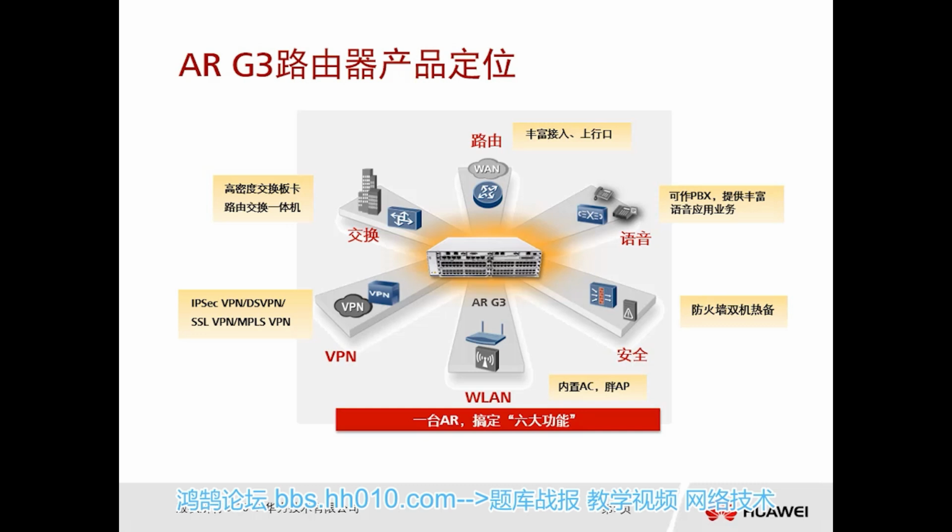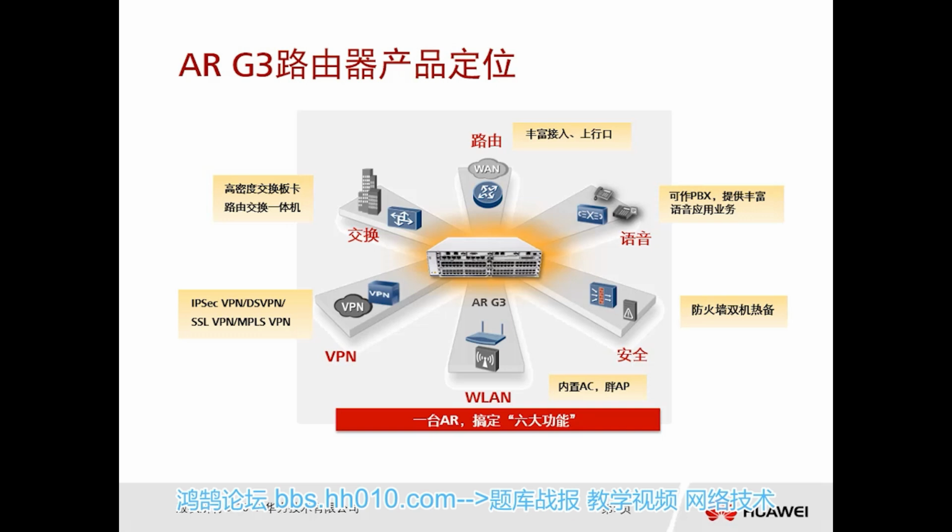Speaking of routing, it has rich access uplink ports. It may have many access ports. Then in terms of voice, it can serve as a PBX, providing a rich variety of voice application services.